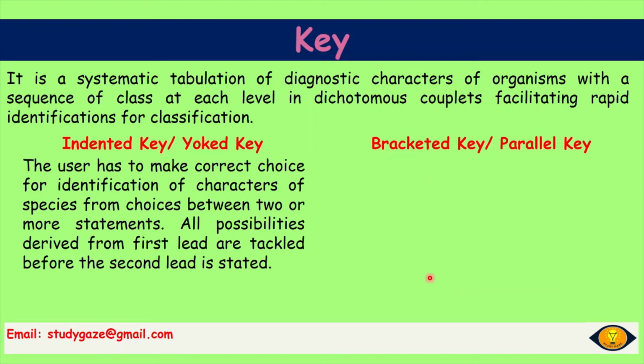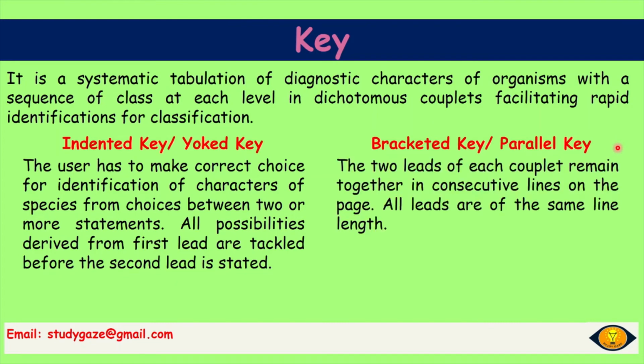All possibilities derived from the first lead are tackled before the second lead is stated. For bracketed or parallel key, the two leads of each couplet remain together in consecutive lines on the page. All leads are of the same line length.